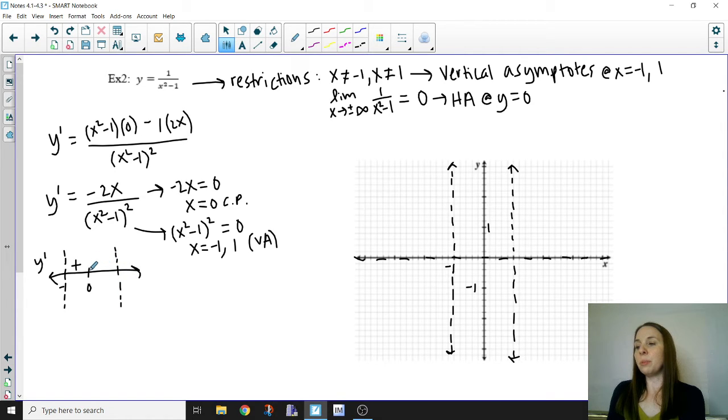We need to pick a number between 0 and 1. Let's go with positive 0.5. Fill it into the numerator because the denominator is squared, and you get a negative value. Okay, and that tells us that our function around x equals 0 is increasing until x equals 0, then decreasing, and that means that it is a maximum point.